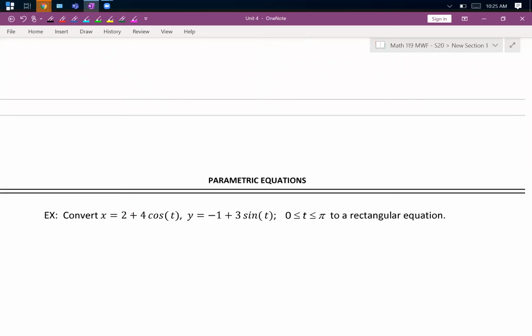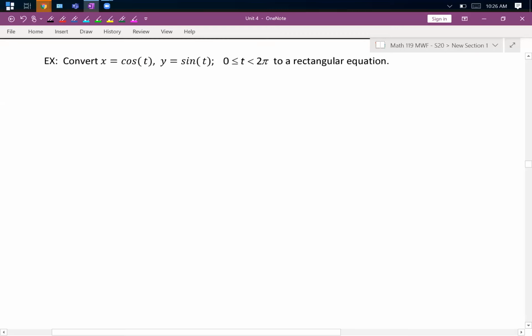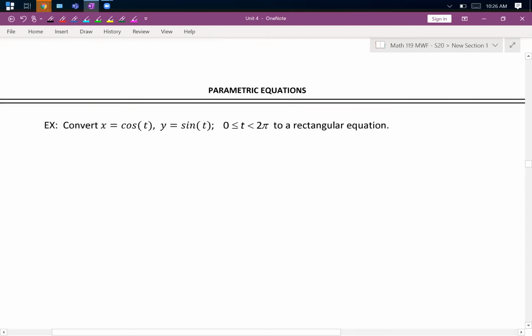You'll notice the second one has extra stuff other than just the sine and cosine, but I'm just trying to be general for all the trig ones. So for any of the trig ones, what you want to do is isolate sine and cosine for both equations. Here it's already done for us, so that's pretty easy.